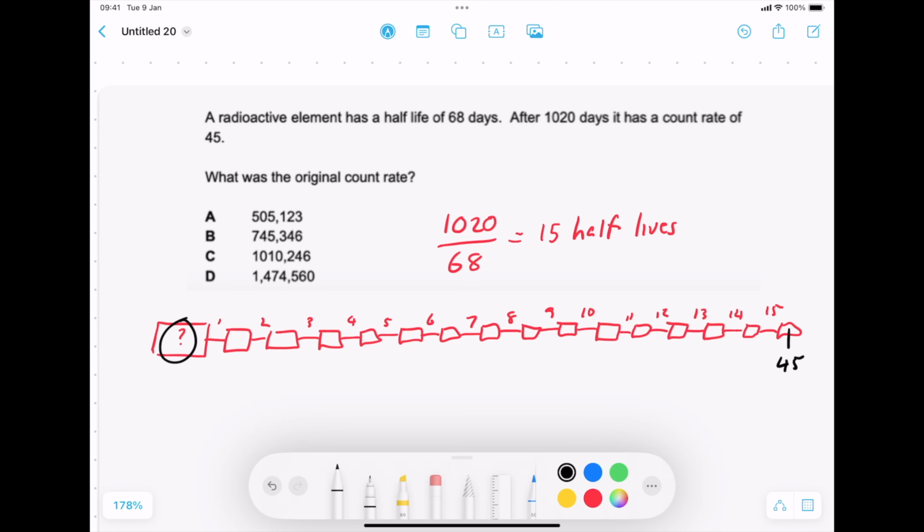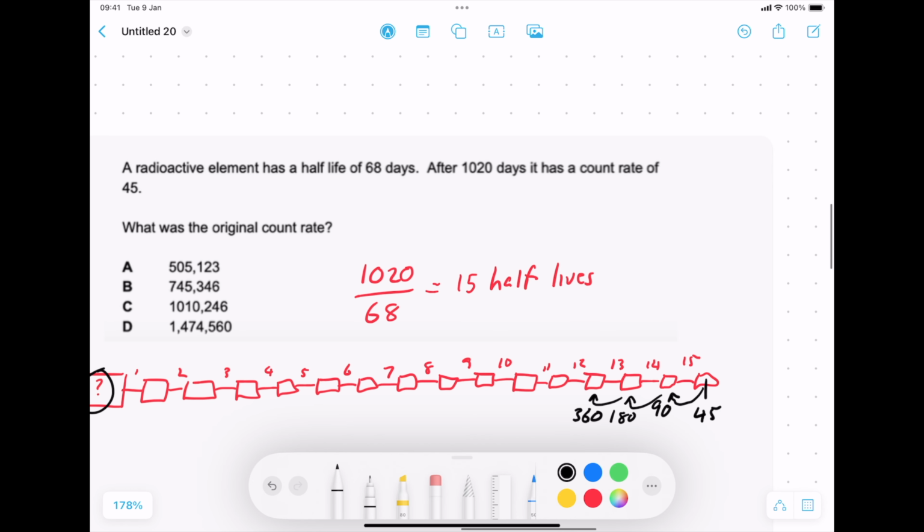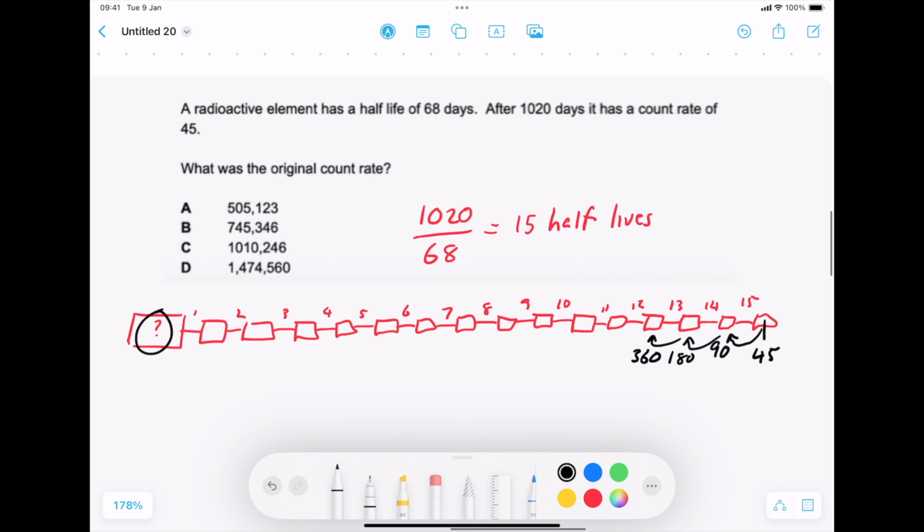In other words, we've got to work backwards. If the count rate was 45 after the 15th half-life, then if we go back one place, it would be 90. If we go back another place, it would be 180. You just keep doubling until you get back to the answer. That's going to take some time.